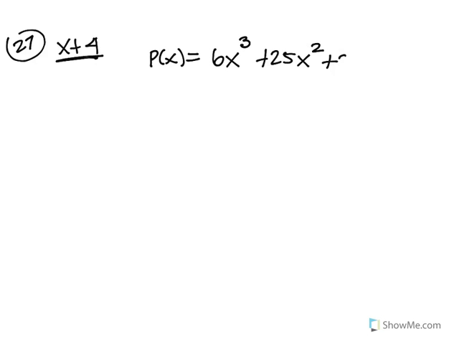27, it says use the synthetic division and factor theorem to determine another factor given that x plus 4 is one of your factors. So this is really, they're giving you help. They're saying this is one of your answers, but they want you to find the other factor form for 6x to the third plus 25x squared plus 3x minus 4.